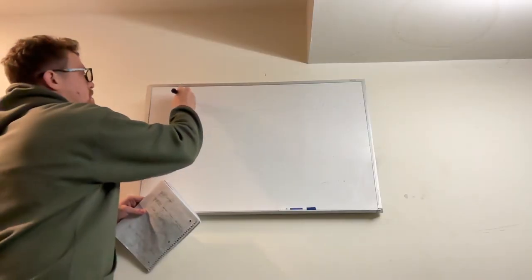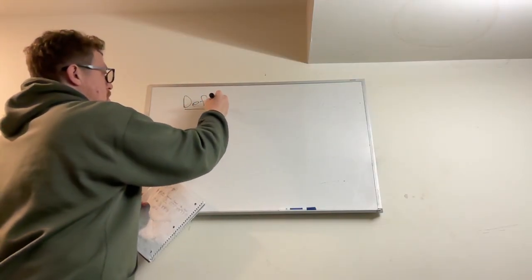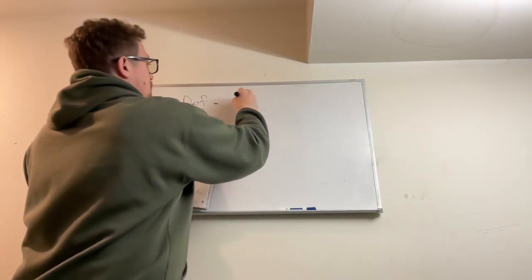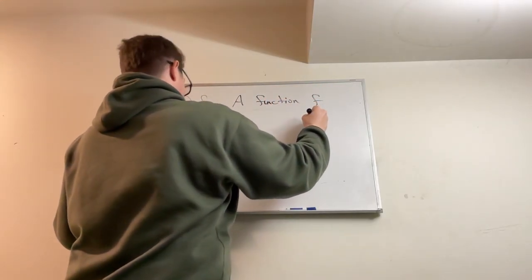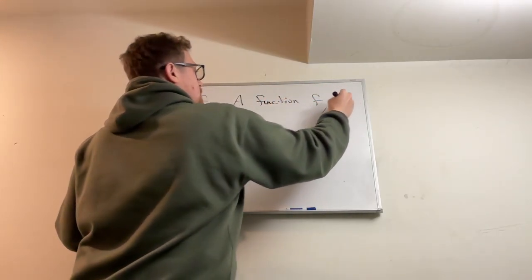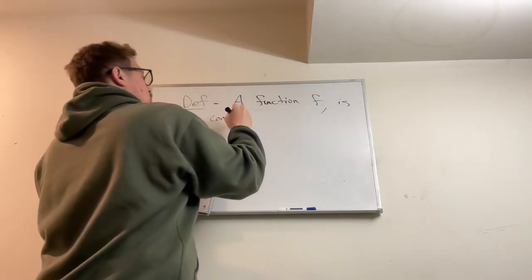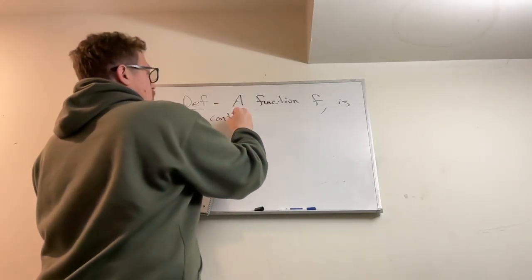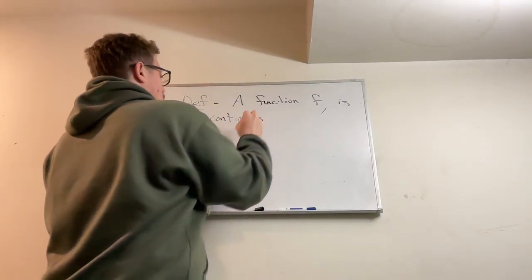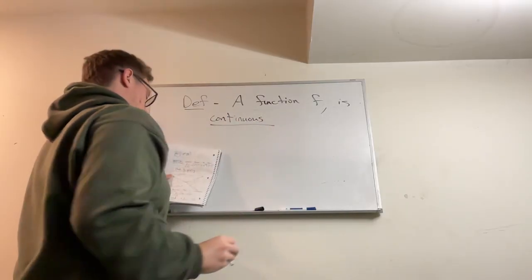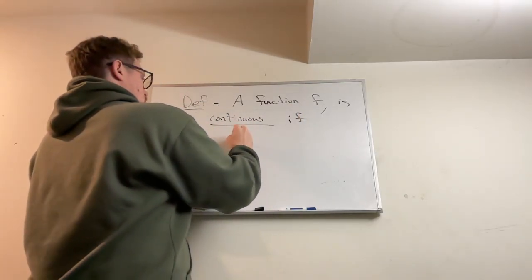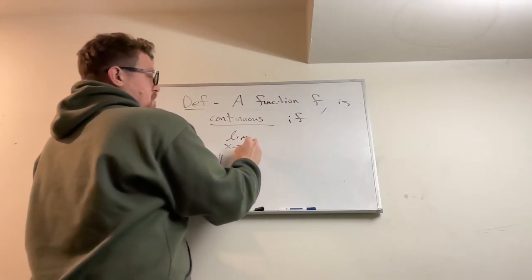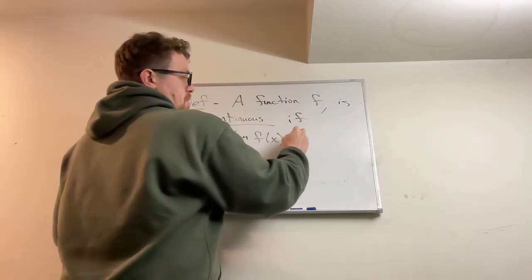So definition: a function f is continuous if the limit as x goes to a of f of x is equal to f of a.